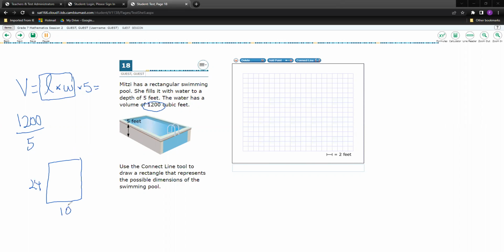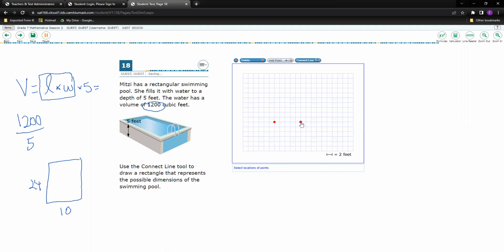So now I need to represent 24 and 10 using this tool, but it tells me that each little square is worth 2 feet. So how do I get 10 feet when I go by 2? Let me start with a point. Going by 2 is going to be 2, 4, 6, 8, 10.